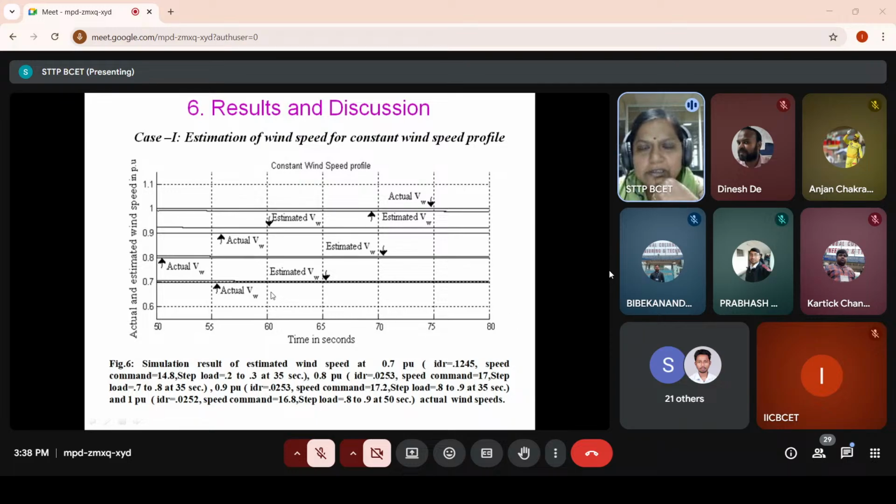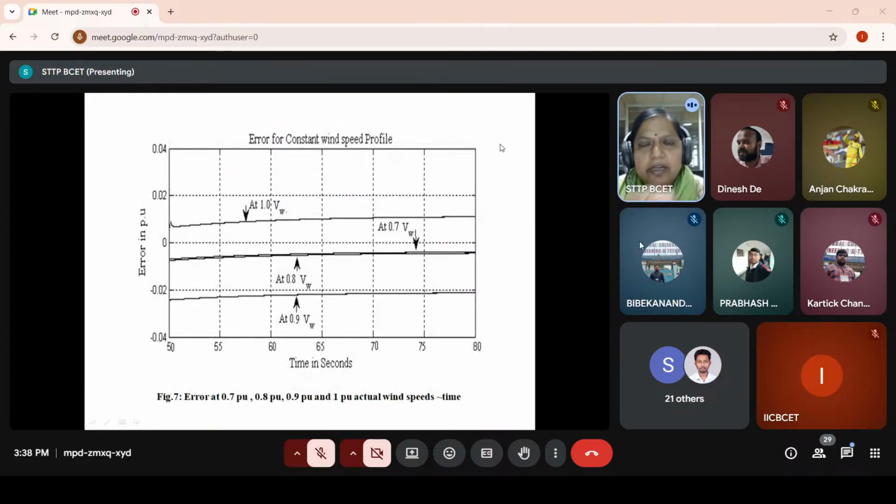So these outputs have been taken from the ANN output. This is for constant wind speed profile. Now these are the errors at 1 per unit, at 0.7 per unit, at 0.8 per unit, and at 0.9 per unit. You can find the error is very less, of the range of 0.02, something like that, but not much more than that.